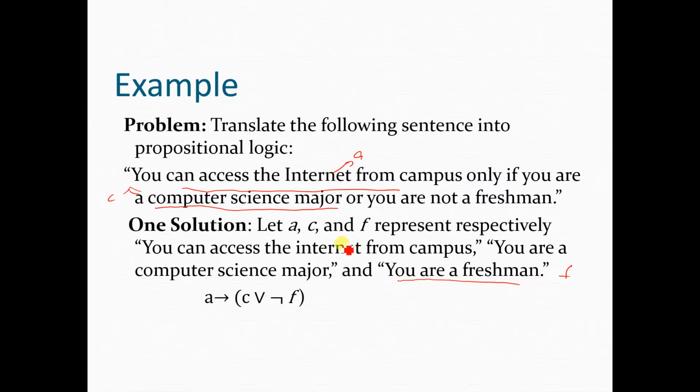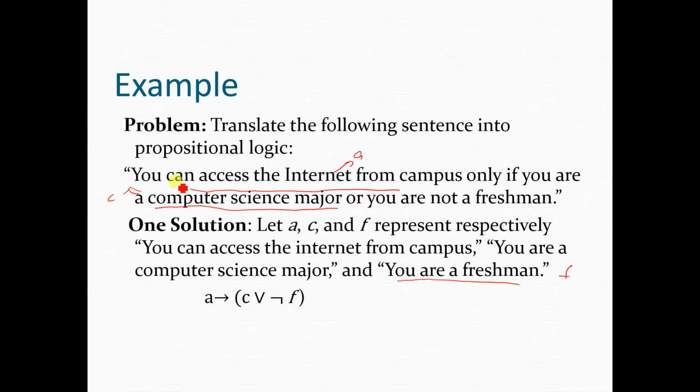Now we'll try to translate it into propositional logic. Read it again: you can access the internet from campus only if you are a computer science major or you are not a freshman. That is, if you want to access the internet from campus, then you must be a computer science major or you are not a freshman.